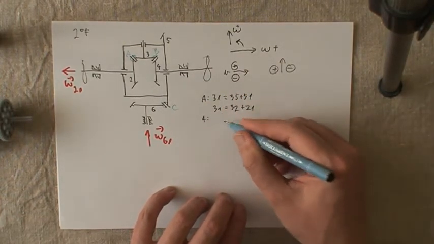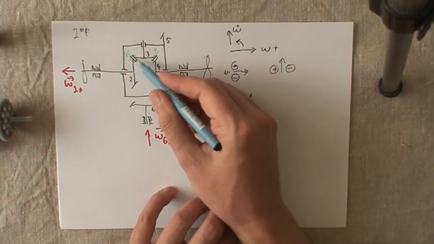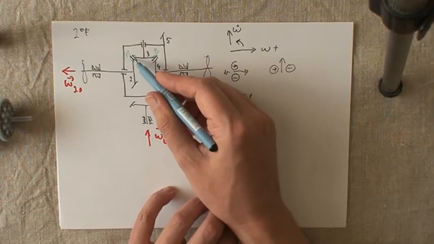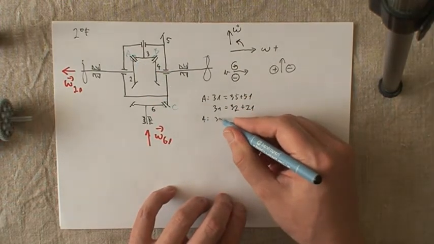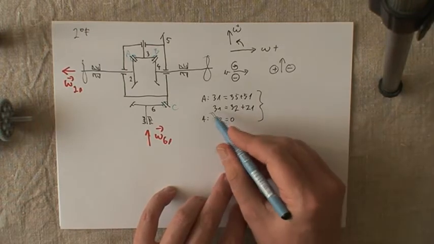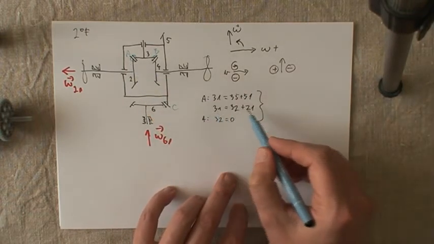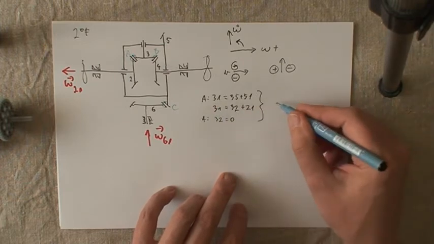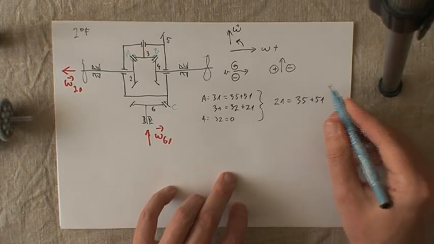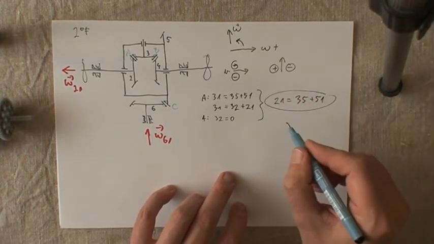And in A, and only in A, 3 with respect to 2 is 0, right? Because they would lose their teeth if that wasn't true. So 3,2 is equal to 0. And therefore in A, 3,1 equals 2,1. We put it here and we will have 2,1 equals 3,5 plus 5,1. And we have one equation.